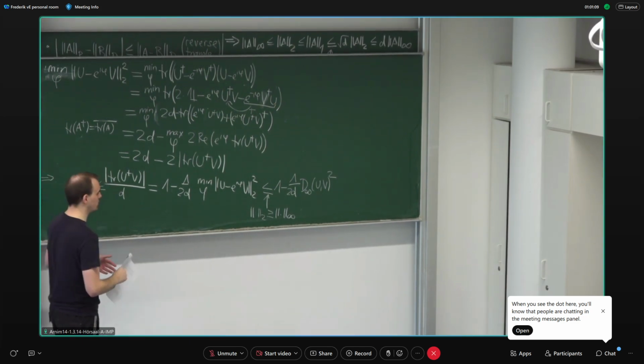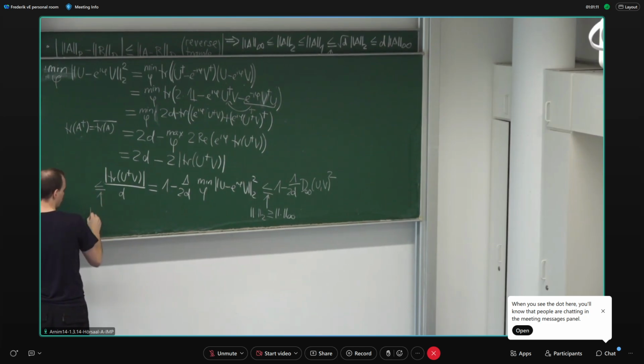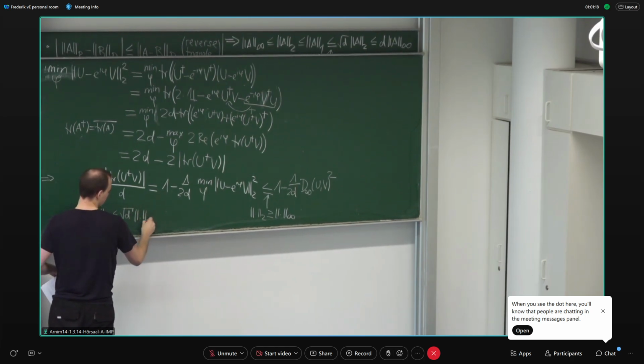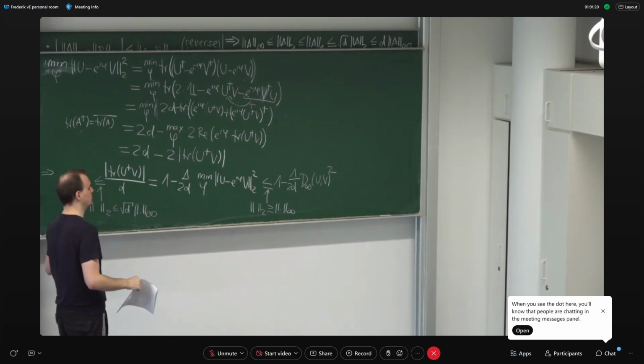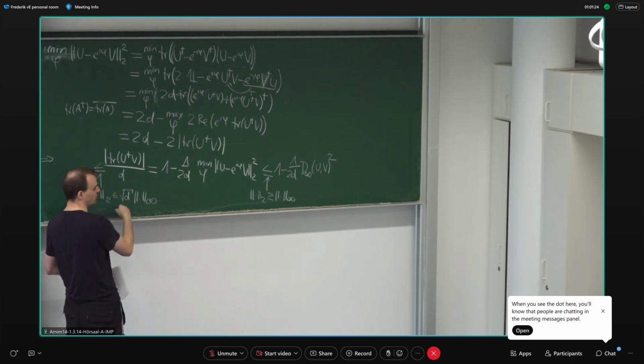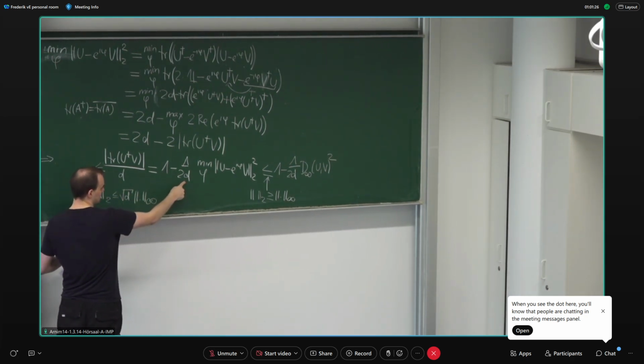For the other inequality, we remember we'll get the factor square root of d. Because this is squared, this will become a factor of d in total, which cancels this d here.